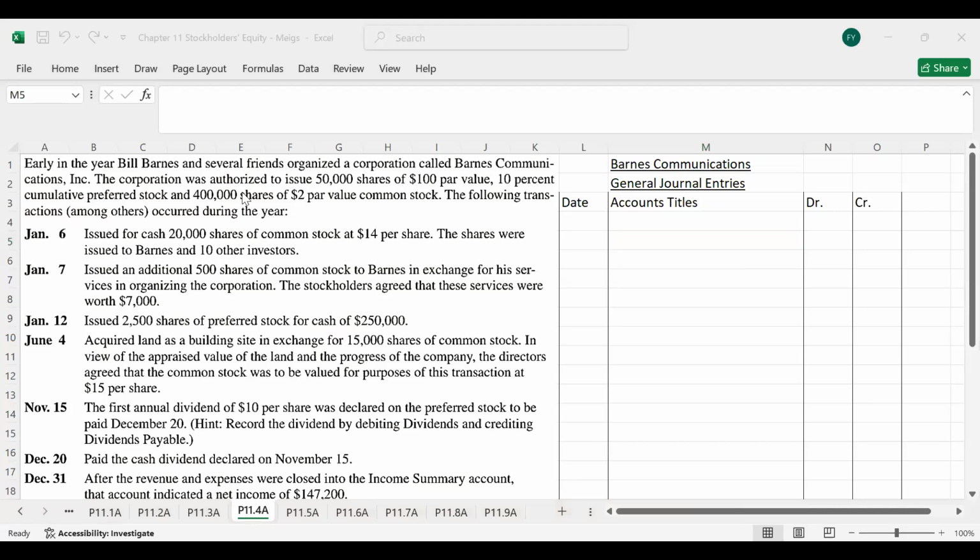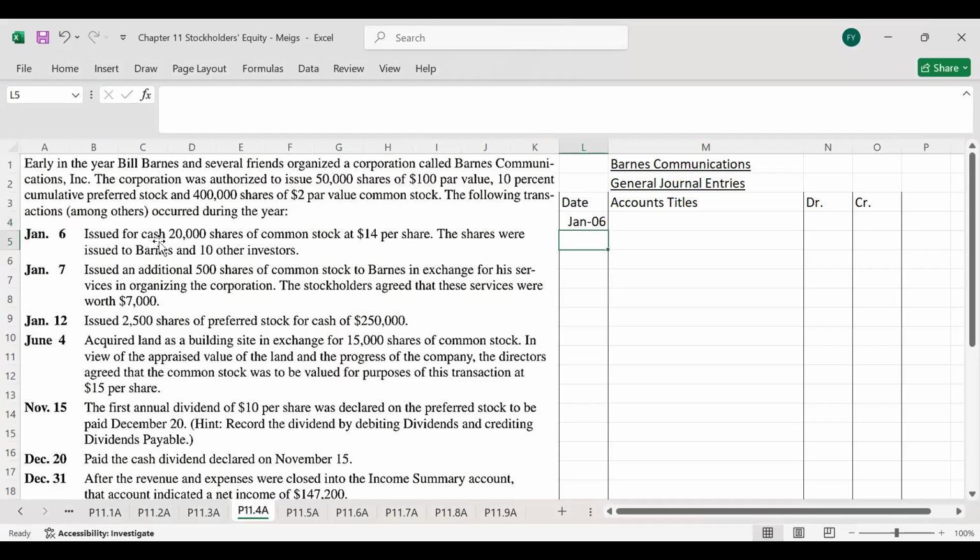The following transactions, among others, occurred during the year. So these transactions are exclusively related with the shares or stock. First transaction is related with January 6th.